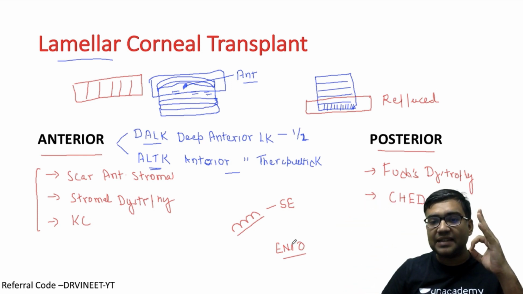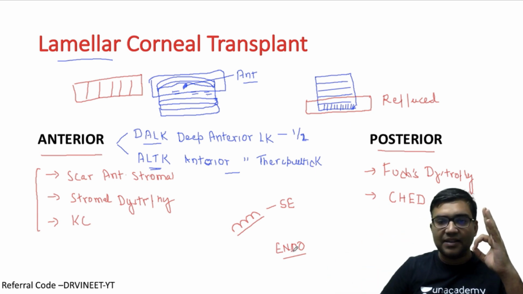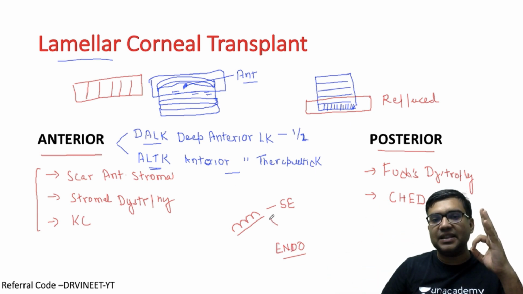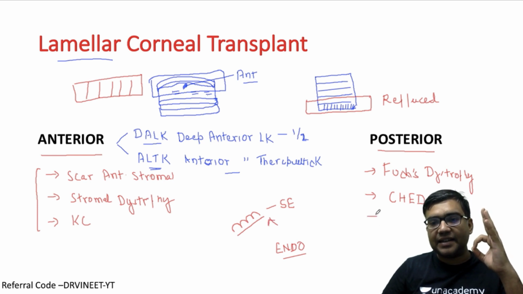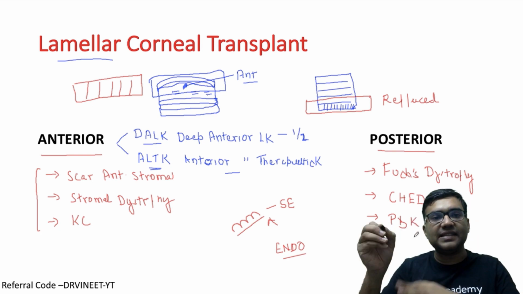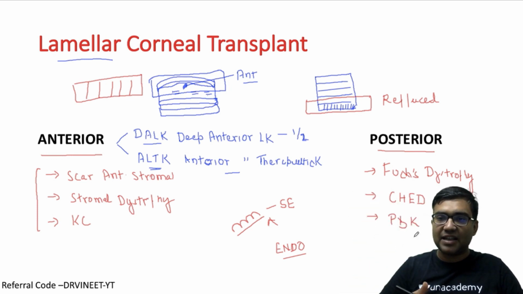The reason is that basically our endothelium is diseased, which causes subepithelial bullae, okay? So the third indication I write here is pseudophakic or aphakic bullous keratopathy, okay? So these are the various indications of posterior lamellar transplants.